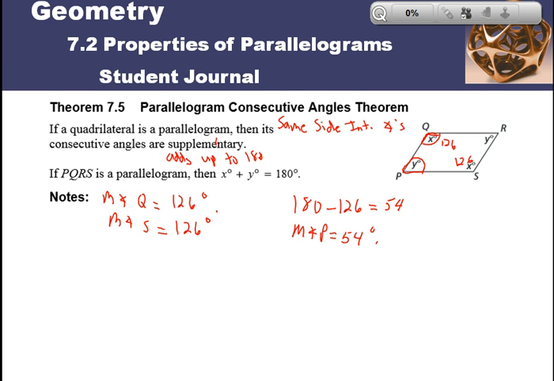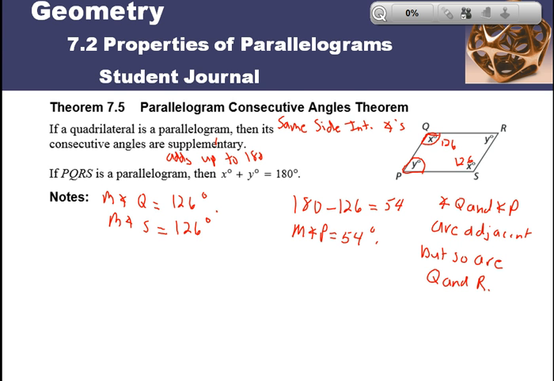Now Q and P are adjacent, but so are Q and R. Let's write that. Q and P are adjacent, but so are Q and R. So I could find R the same way.